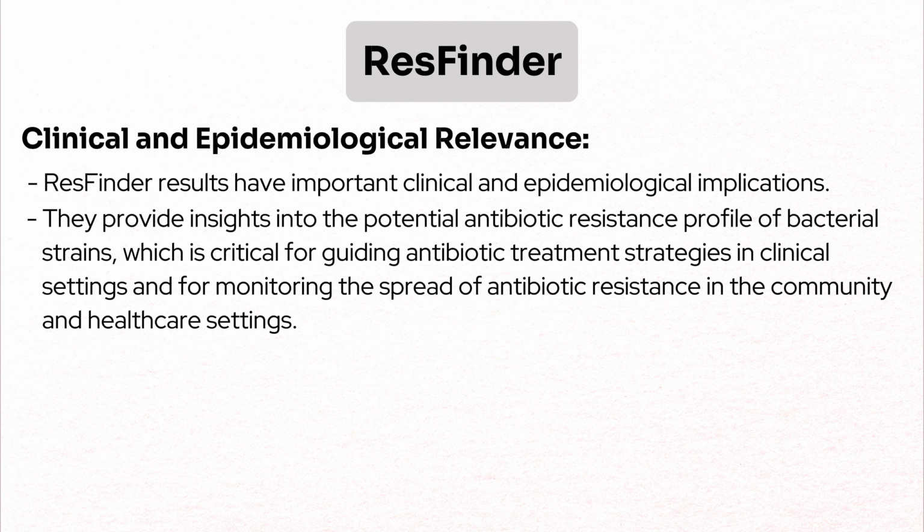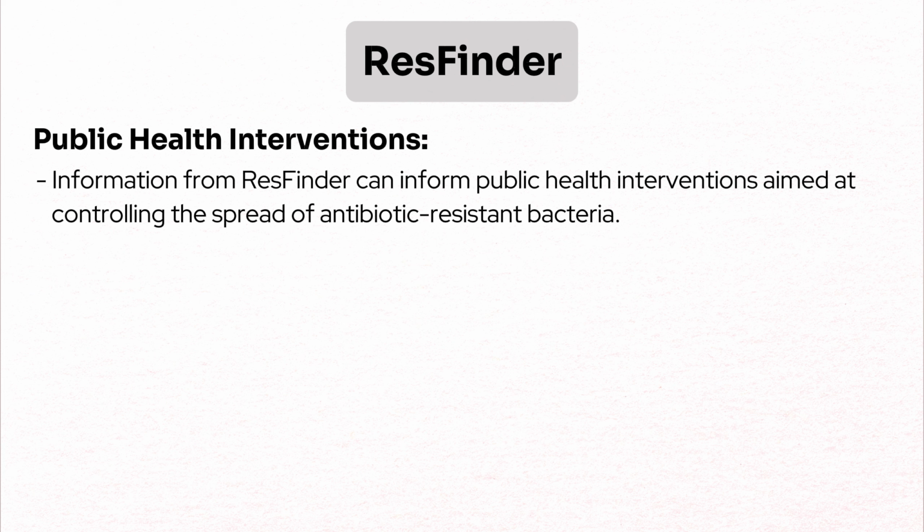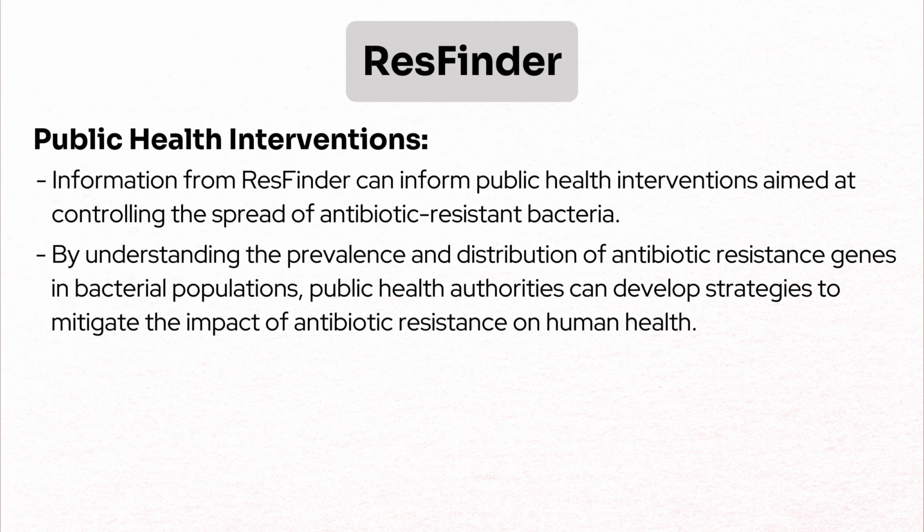Public health interventions. Information from ResFinder can inform public health interventions aimed at controlling the spread of antibiotic-resistant bacteria. By understanding the prevalence and distribution of antibiotic resistance genes in bacterial populations, public health authorities can develop strategies to mitigate the impact of antibiotic resistance on human health.